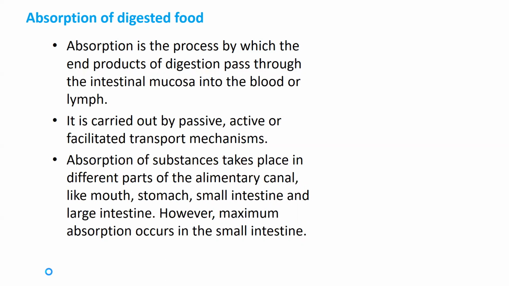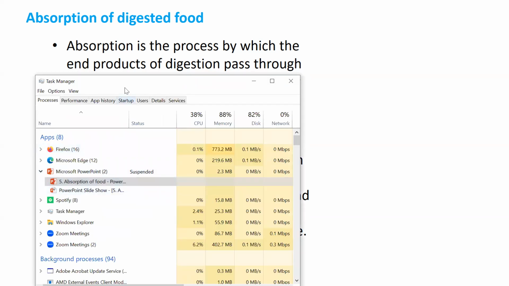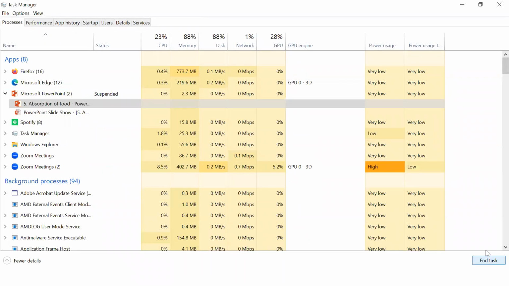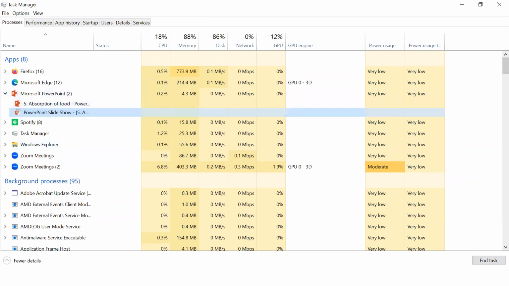That salt below the tongue dissolves and goes directly to the blood. And the very concept of absorption is that it should go directly to the blood, right? So that's why we say the mouth is also a part of absorption of food.